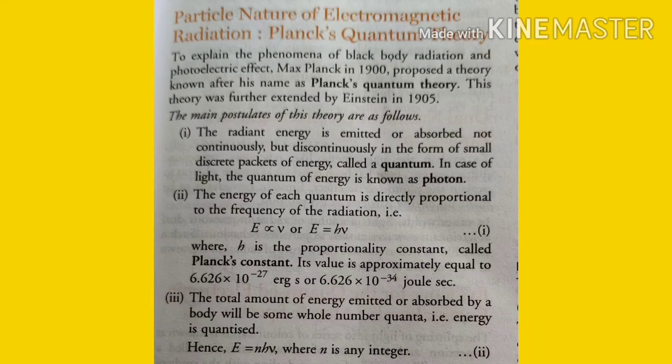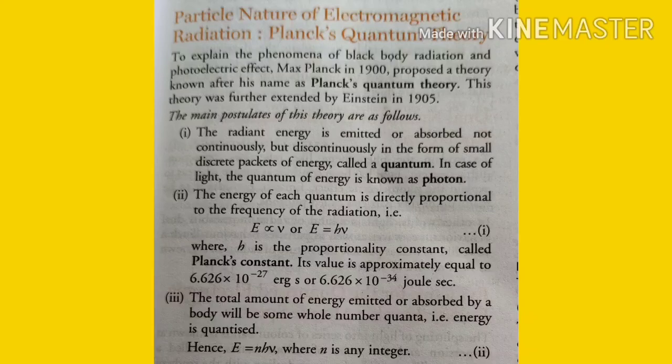That is called a packet of energy. So the radiant energy is emitted or absorbed not continuously but discontinuously in the form of small discrete packets of energy. They are separate packets of energy called a quantum.